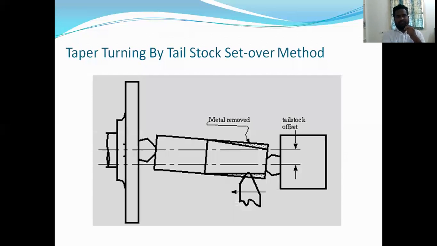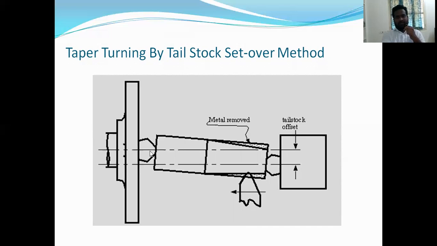Now we are observing this tailstock set over method. Already we have seen this procedure in yesterday's class in a video. After this method, we are again observing some animations on these taper methods. This is our chuck, and here the tailstock.